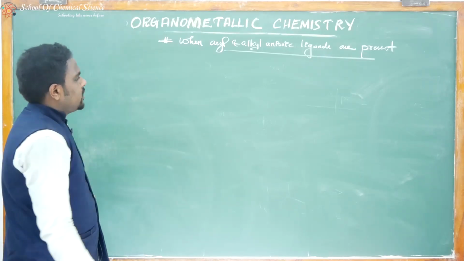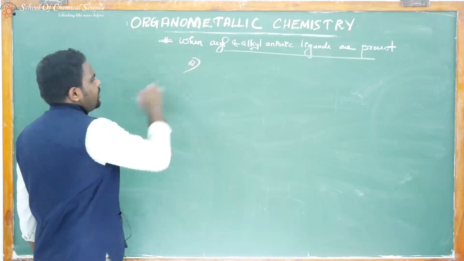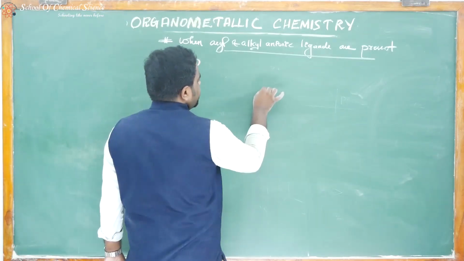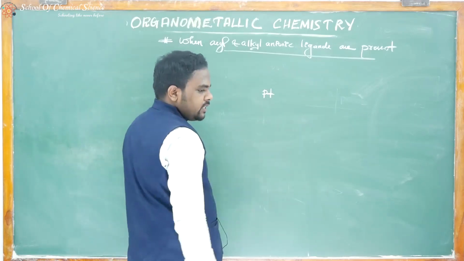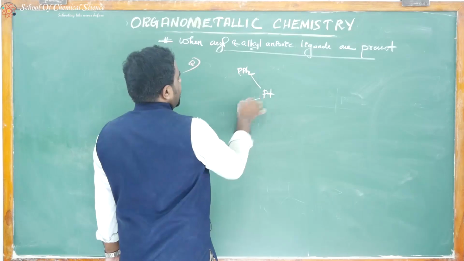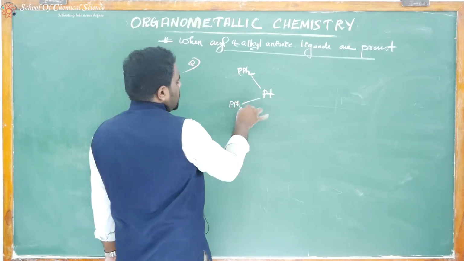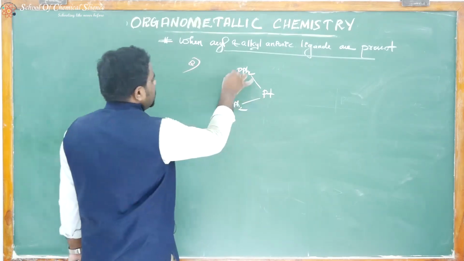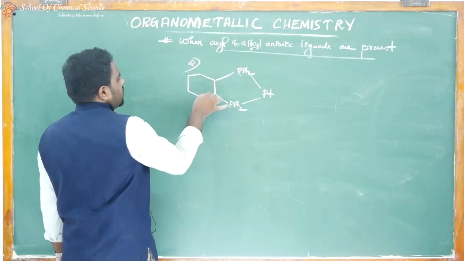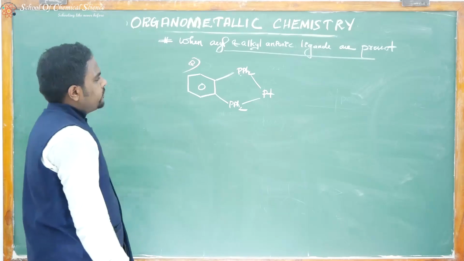Write the next question, another type of question. Pt, PPh2, diphenyl, PPh2, and these two are connected by a six-membered ring.